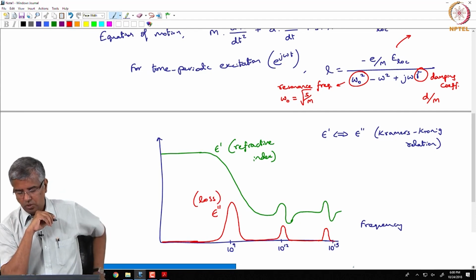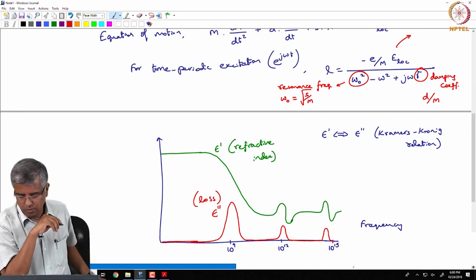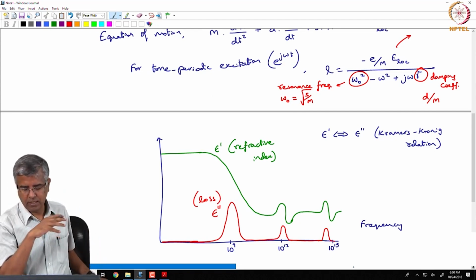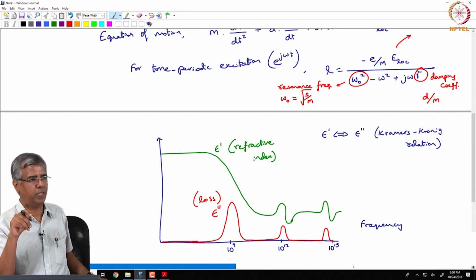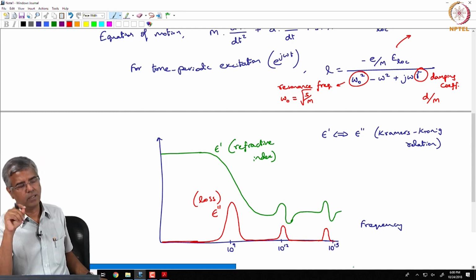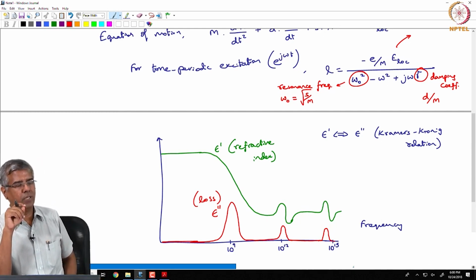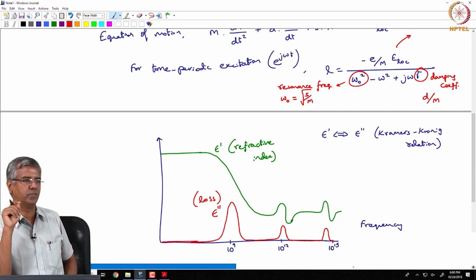One thing we see is that the refractive index is a function of frequency, and also there are specific frequencies at which a material will exhibit losses.